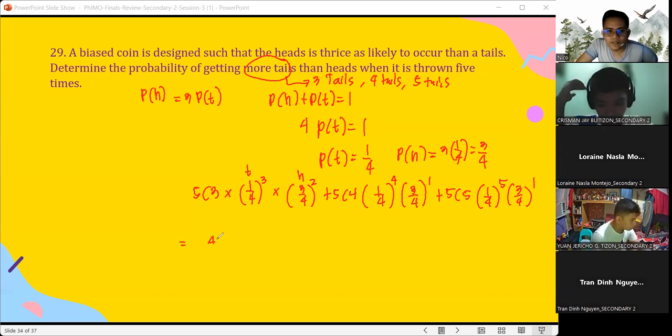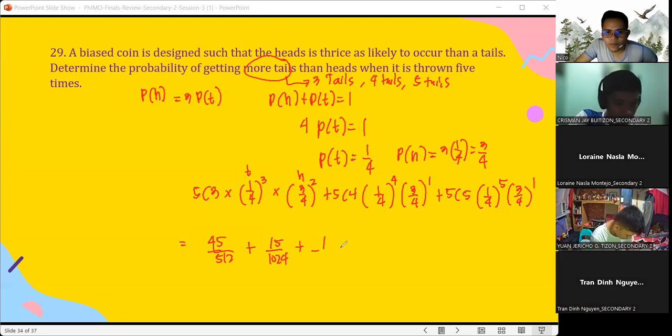So this is 45 over 512, plus 15 over 1024, plus 1 over 1024. Double check also. So the answer here is 106 over 1024, so that's 53 over 512.